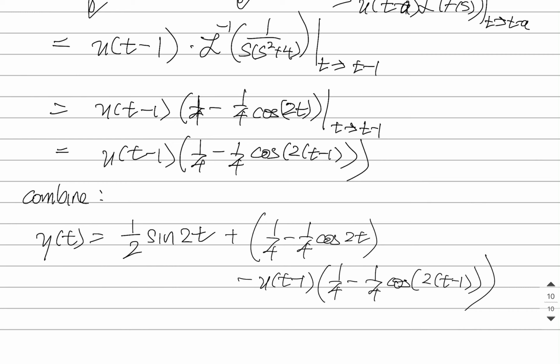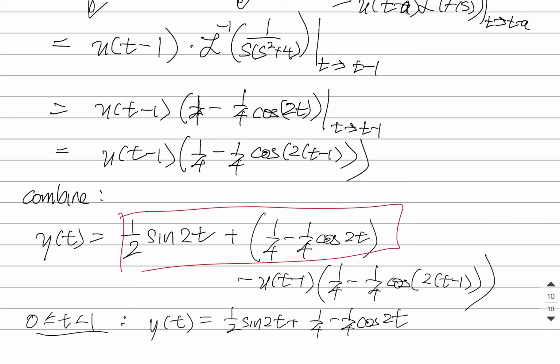Now, you can break down that unit step even further as you need and write this as a piecewise function. So for time between 0 and 1, your solution is just going to be 1/2 sine of 2t plus 1/4 minus 1/4 cosine of 2t, because all that will be left is that first term here. The unit step will turn this one off.